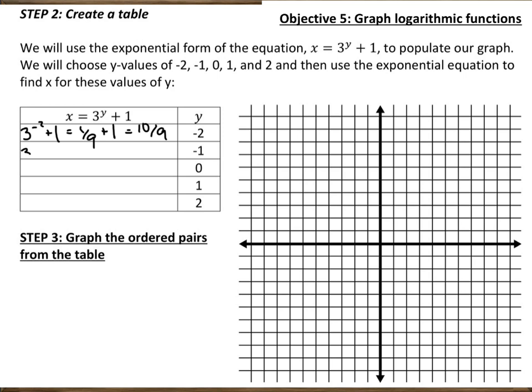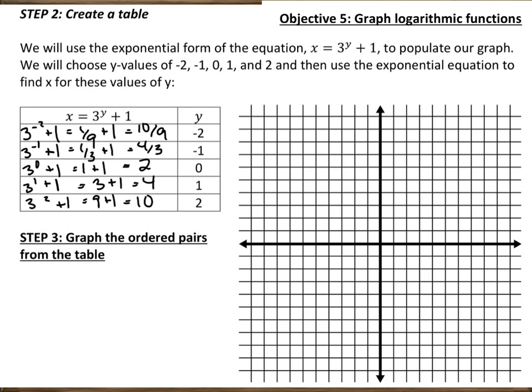Then I have 3 to the negative first power plus 1. Well, that's 1/3 plus 1, or 4/3. Then I have 3 to the 0 power plus 1. Well, that's 1 plus 1, or 2. Then I have 3 to the first power plus 1, which of course is 3 plus 1, or 4. Then I have 3 squared plus 1, which is 9 plus 1, or 10.